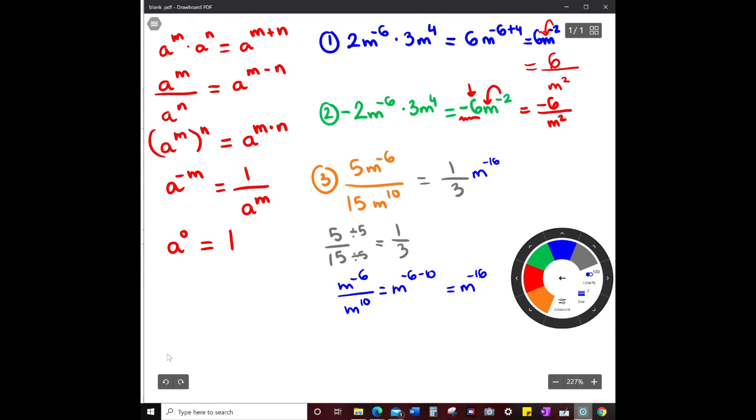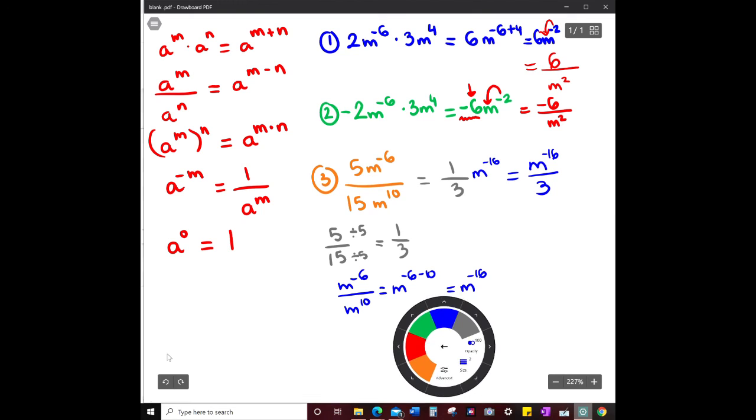So right now, I do have m raised to negative 16 on top, and the 3 is on the bottom, since 3 is already the denominator of this fraction. And if the question doesn't ask me to rewrite without negative exponent, I just leave it like that. That's totally fine. However, if it asks me to rewrite with only positive exponent in the answer, then I need to rewrite this answer one more time.